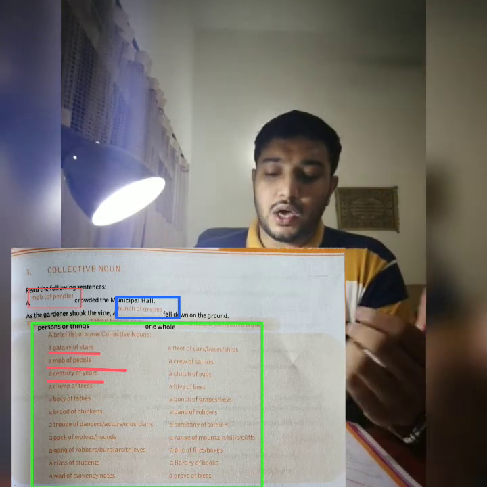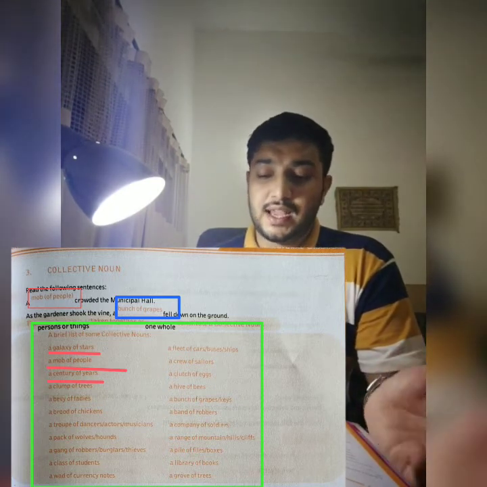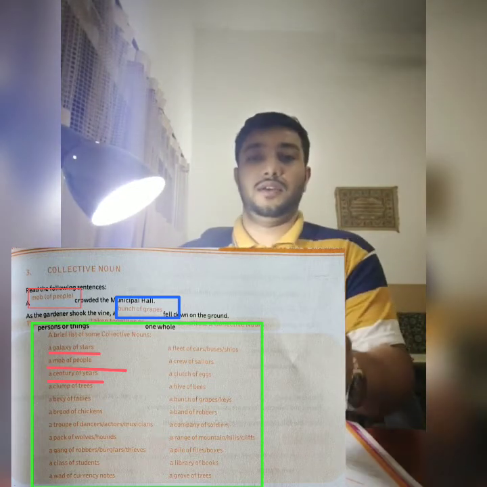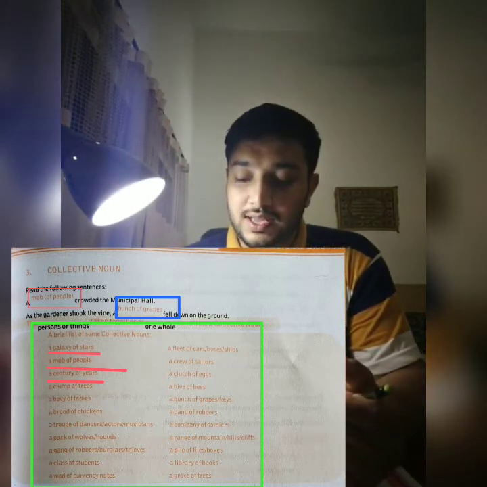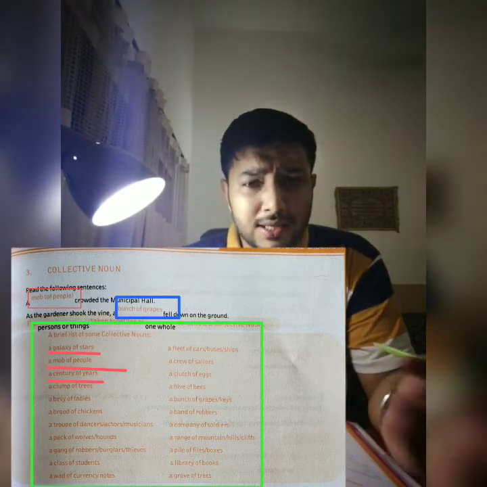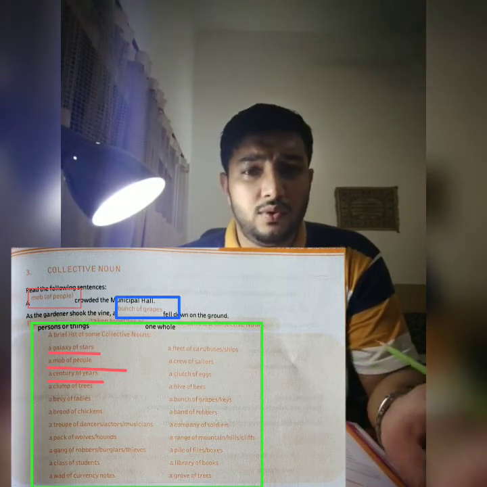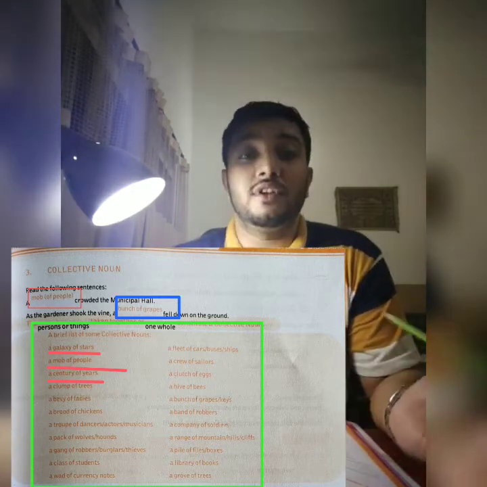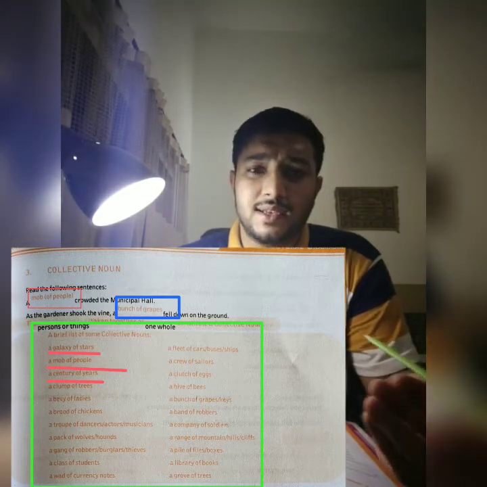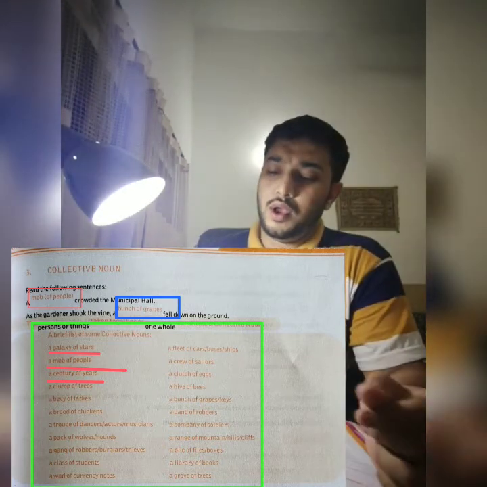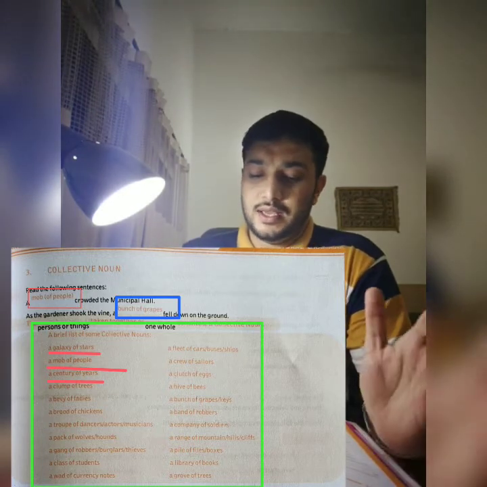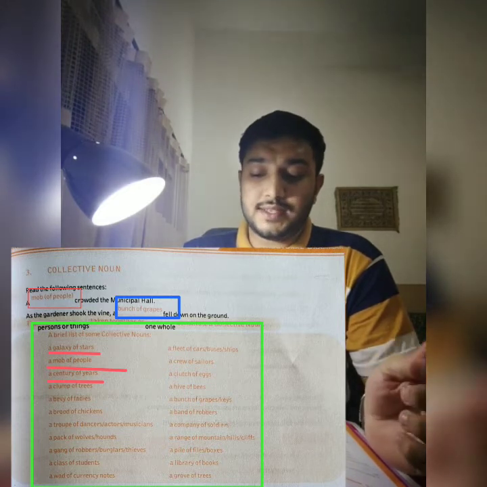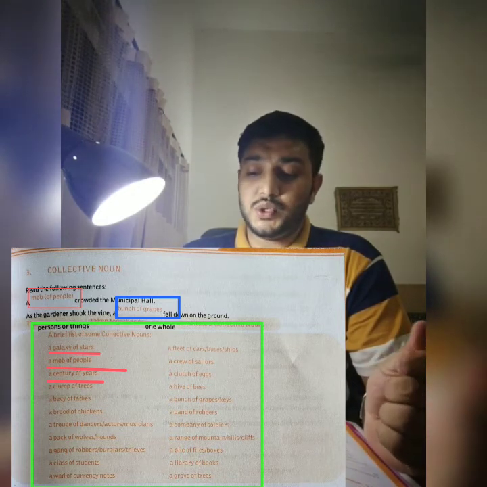The persons or things taken together as one whole. Like class, all the students in the class. You cannot name each of them. You say class 7. So class is a collective noun. Let's read the definition for this: the persons or things taken together as one whole constitute a collective noun.